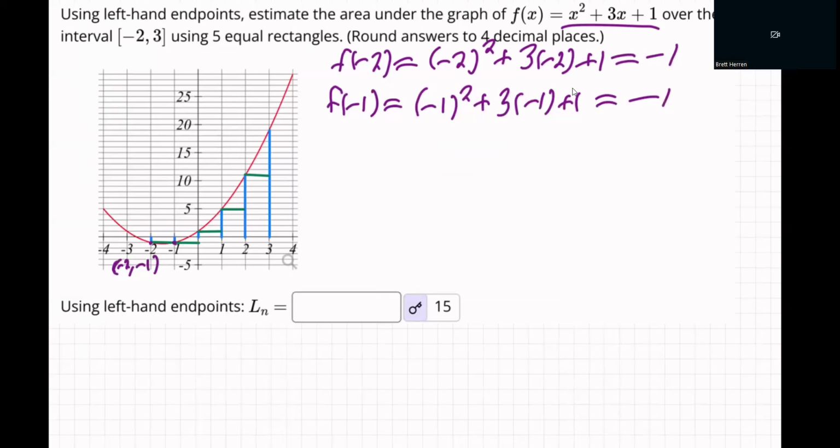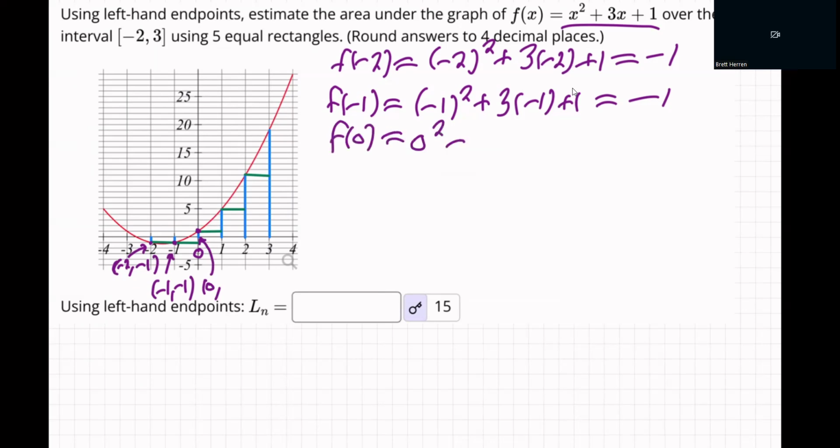And then this point right here, that's at 0. Let me do each of these points: -2, -1, and -1, -1. And this point right here is 0 something.